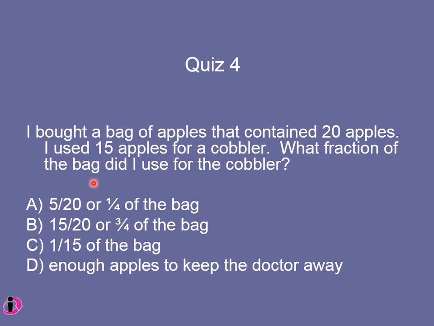You want to know the fraction. So this is the total, and that's what you used, right? So you have used 15/20, okay? Meaning 3/4 of the bag for a cobbler, okay?